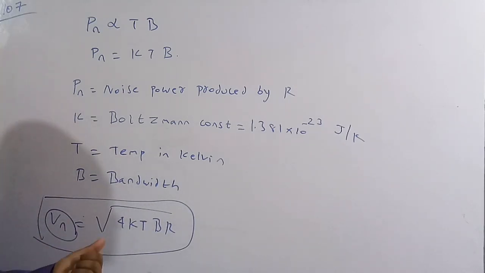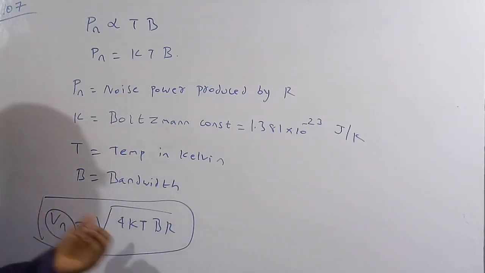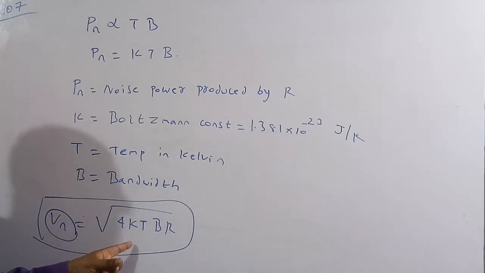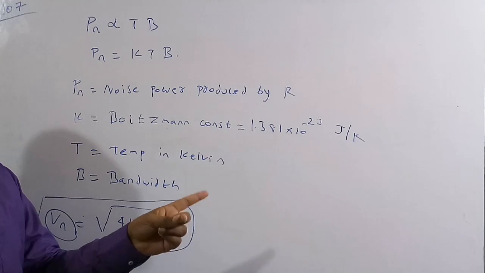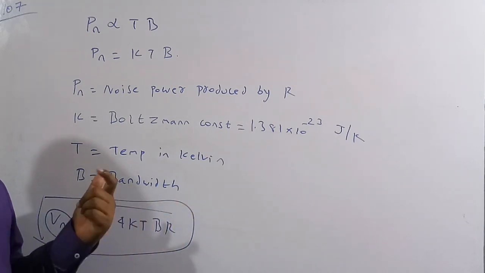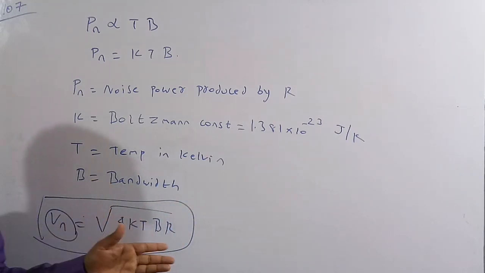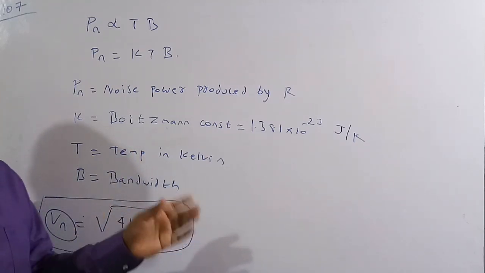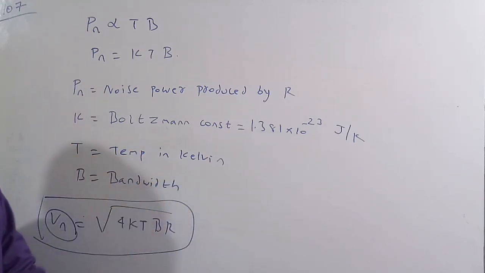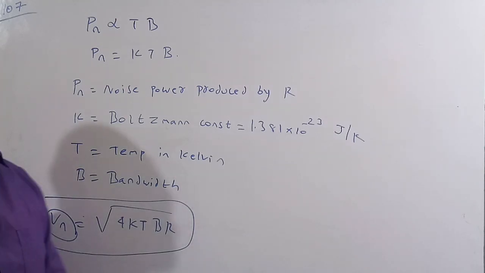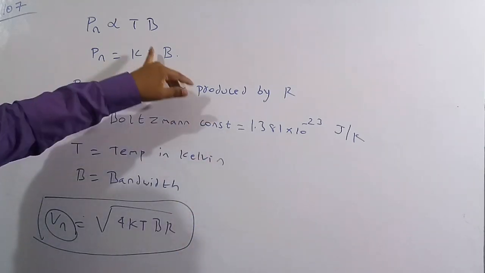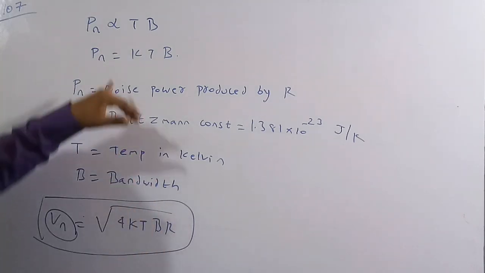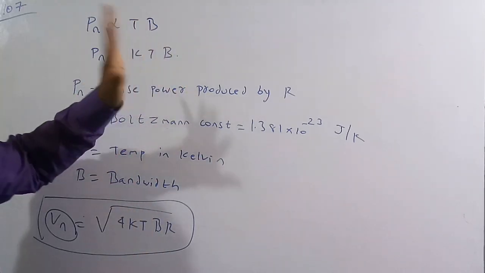Vn is also called white noise, thermal noise or Johnson noise. This Vn always follows a Gaussian probability density function, because for amplitude values, the probability of their occurrence is described by the bell curve, the Gaussian probability distribution function. So the actual expression of the noise power generated by a noise resistor is KTB, which is the correct solution of this question.